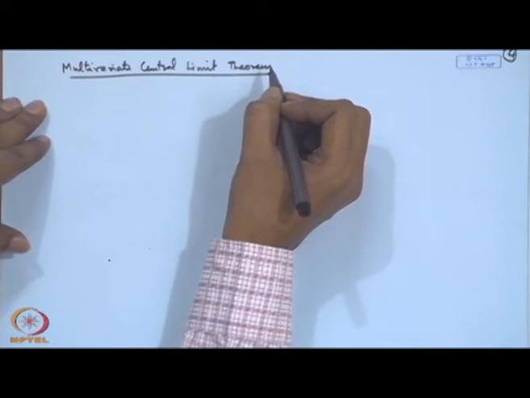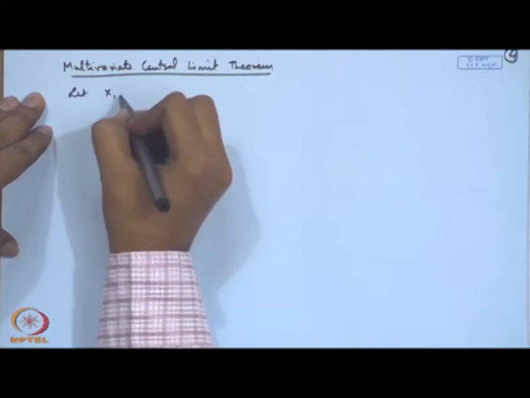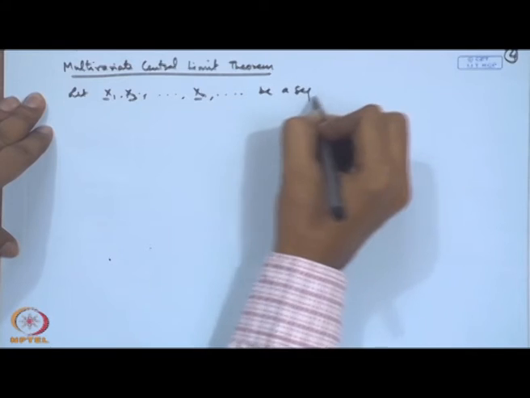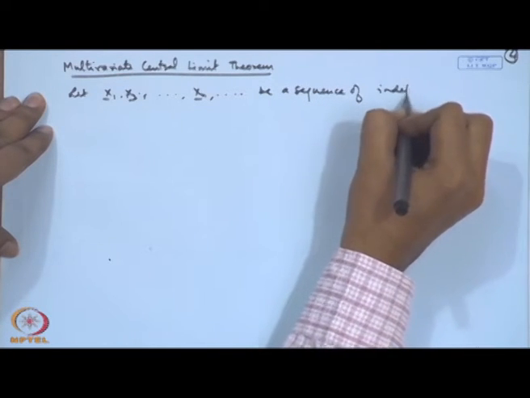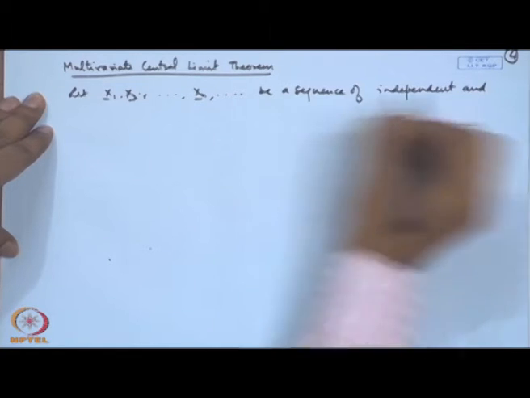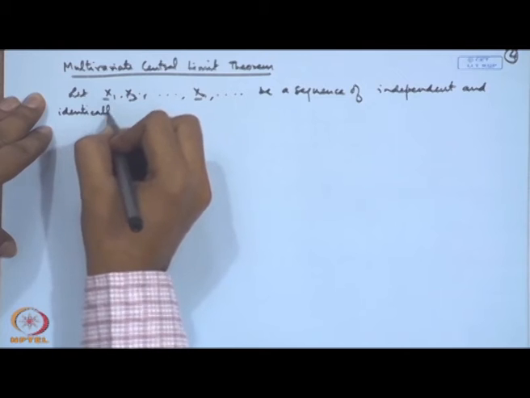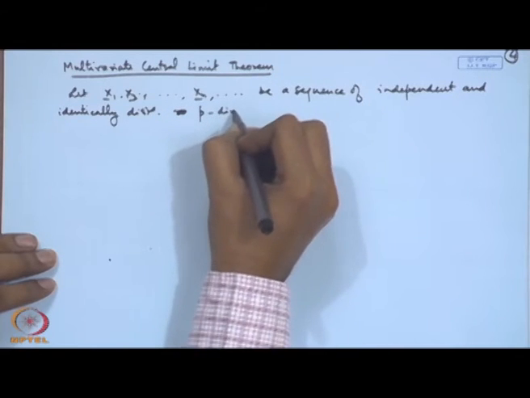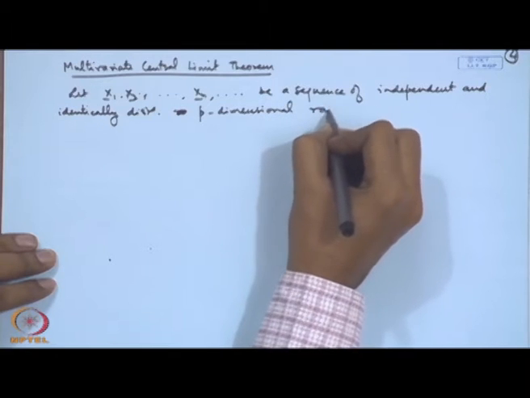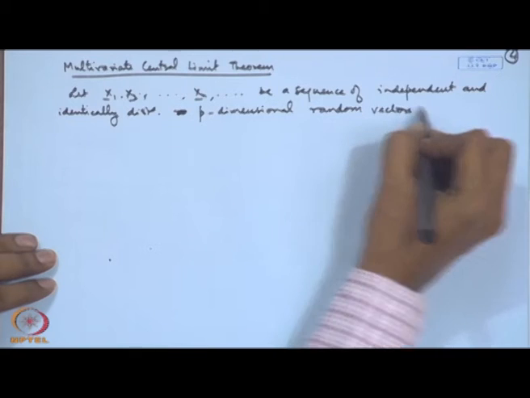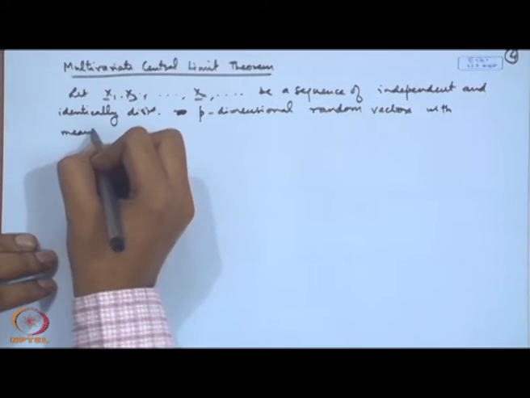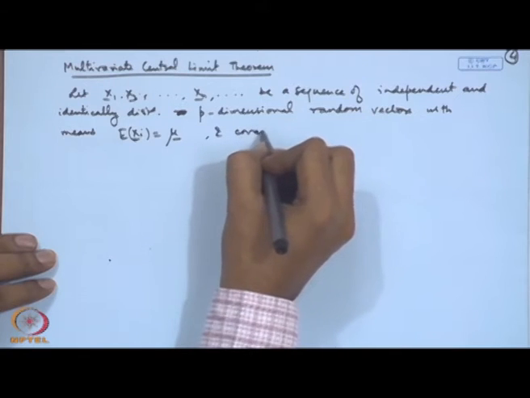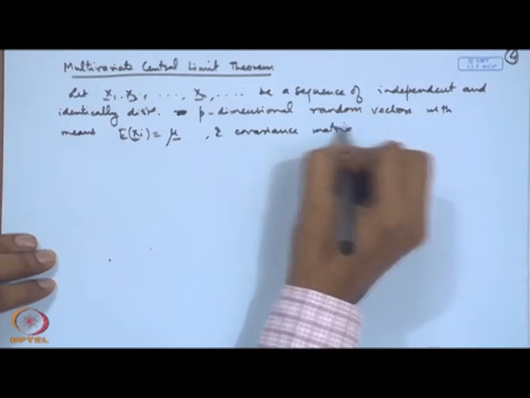So, we have the following form: let x 1, x 2, up to x n be a sequence of independent and identically distributed p dimensional random vectors with mean mu and covariance matrix sigma.